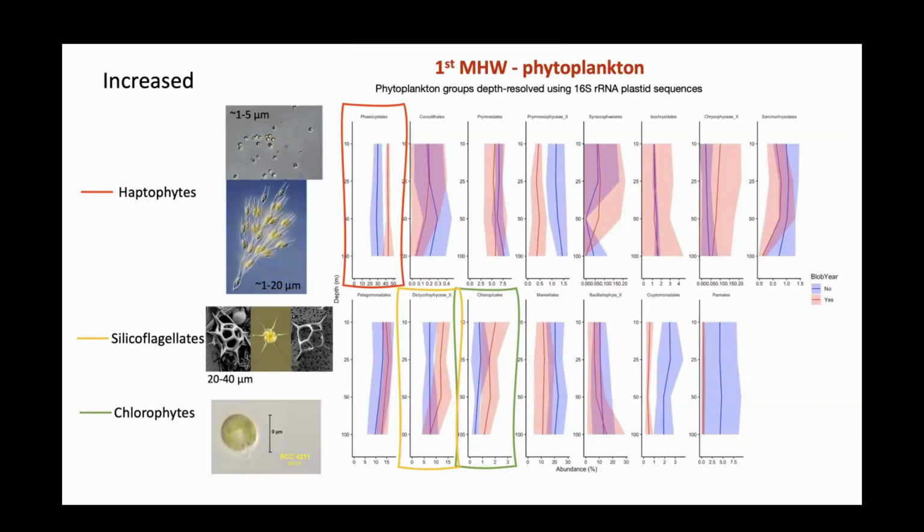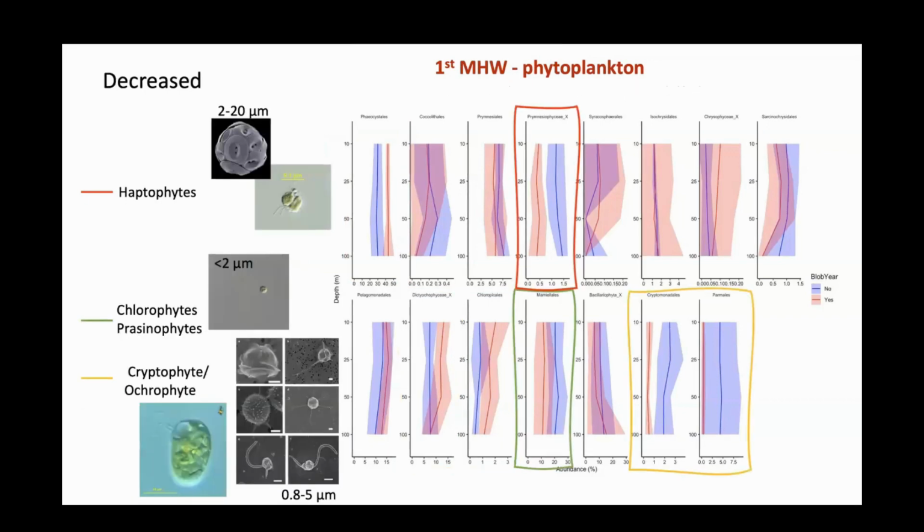They produce a lot of sulfur compounds, and this is tied with the protozooplankton that we saw growing. Other groups that grew more during marine heatwaves are silicoflagellates and chlorophytes, corroborating the HPLC data.